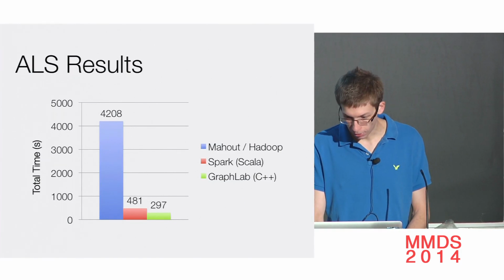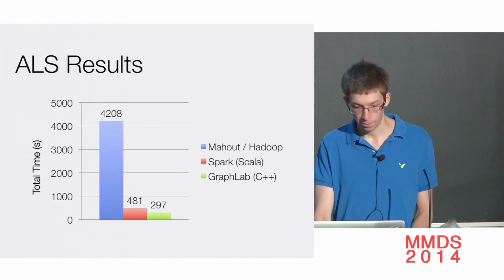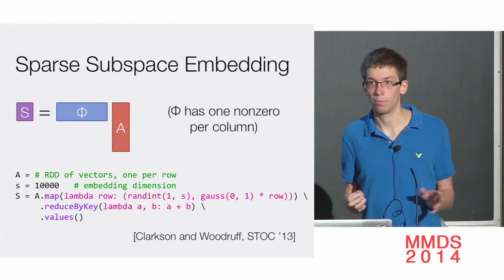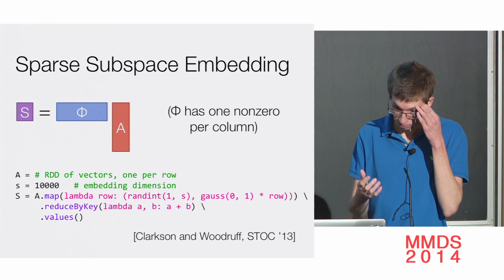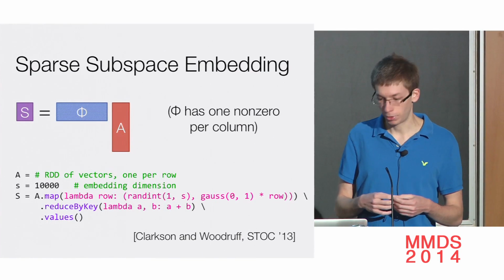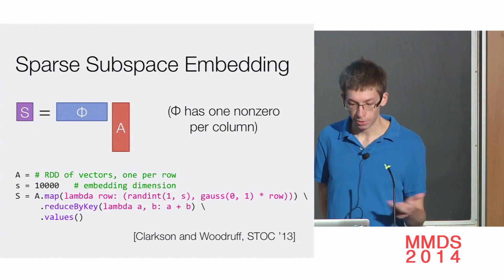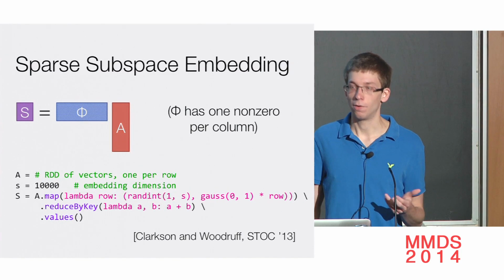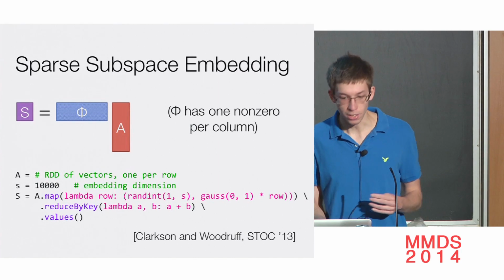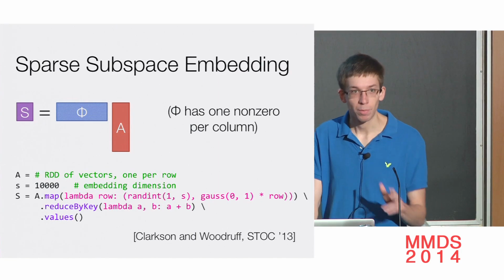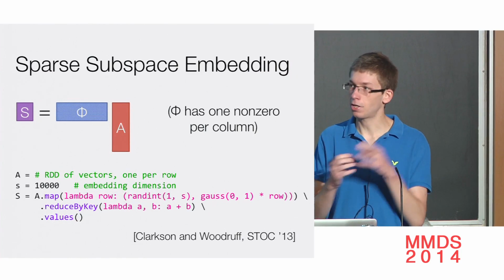Okay, and the final thing I'm going to show is one other quick algorithm, which is a cool one you can do: sparse subspace embedding. This is one where we want to compute a sketch of a matrix A, and A is tall and skinny.